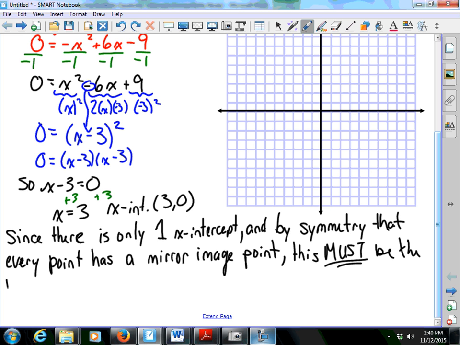It has to be the vertex. I have no choice for it to be the vertex.